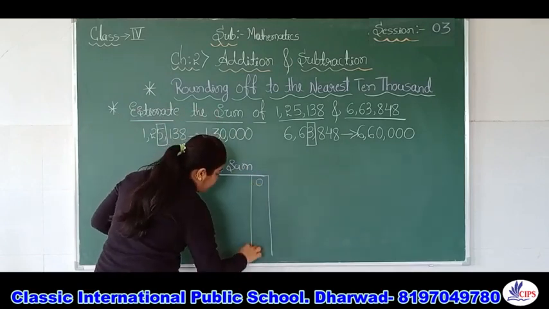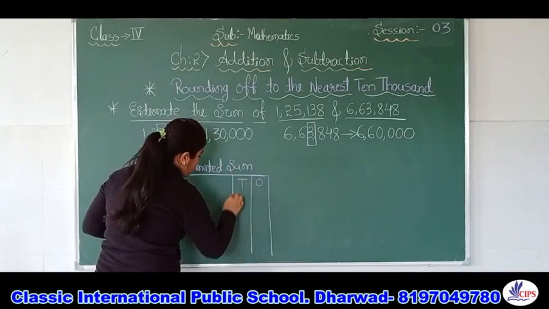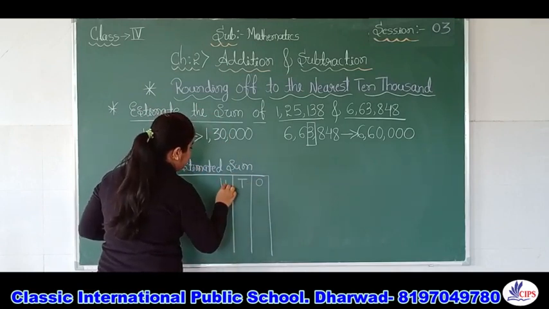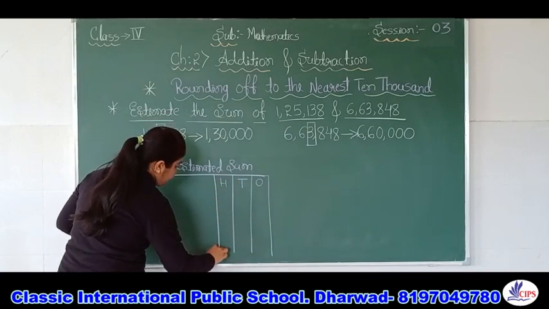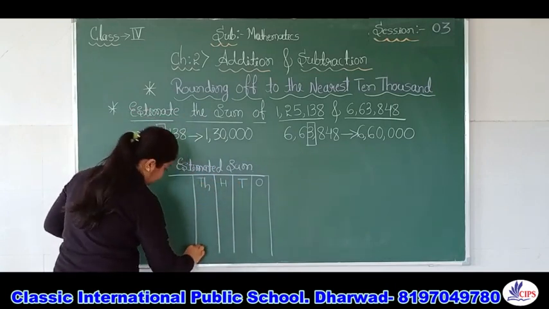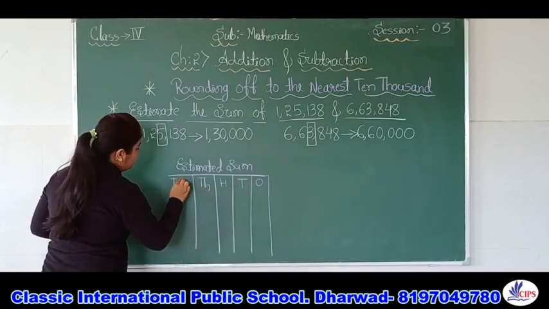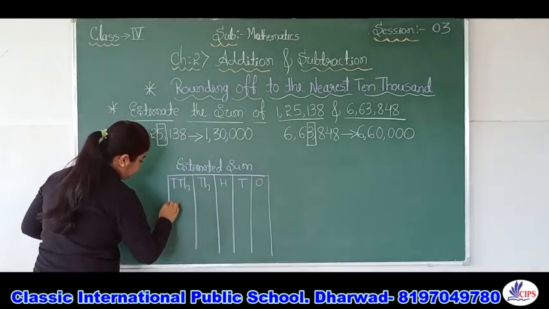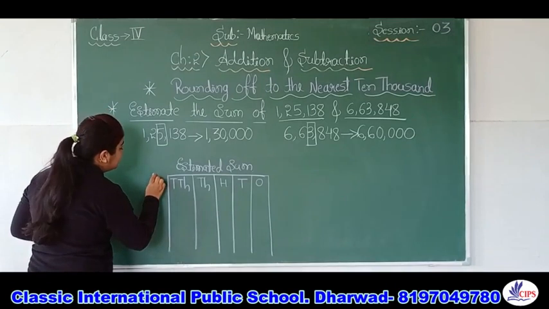Ones, then tens, hundreds, thousands, 10,000 and lakh.